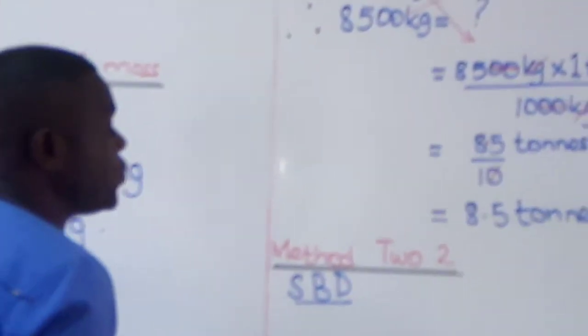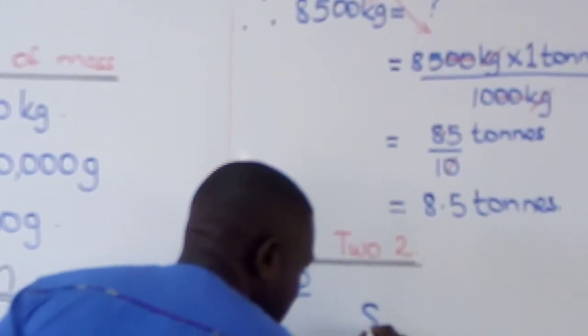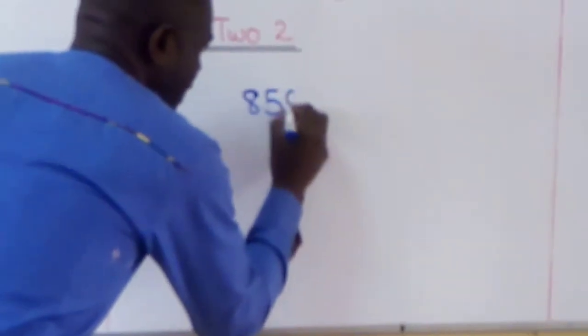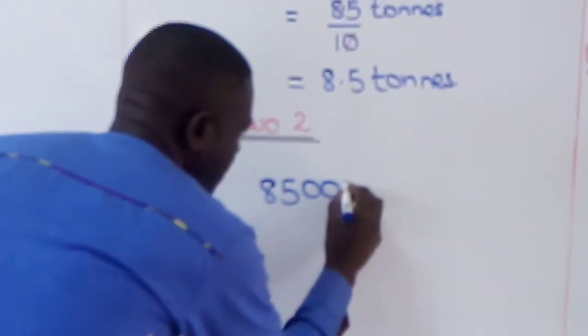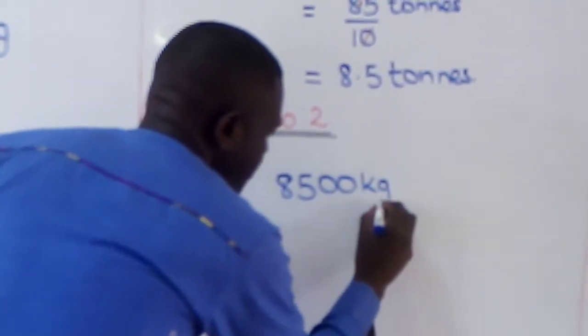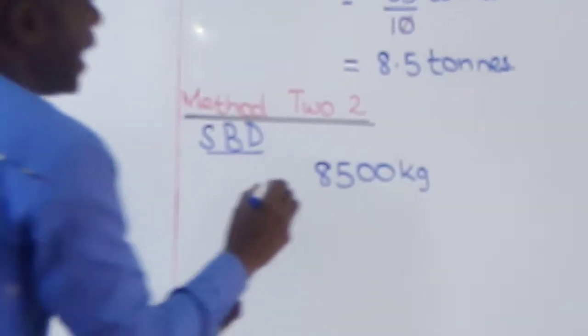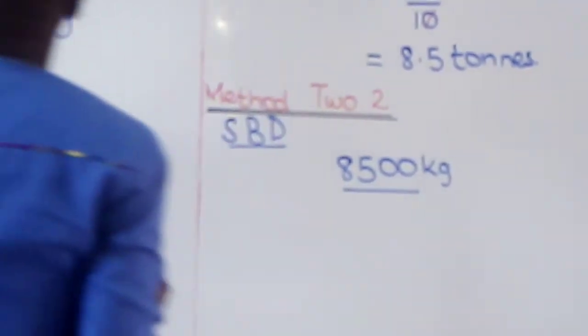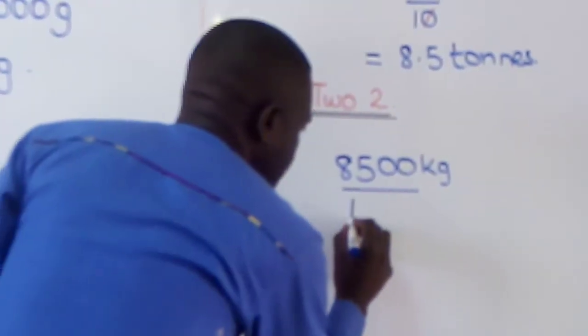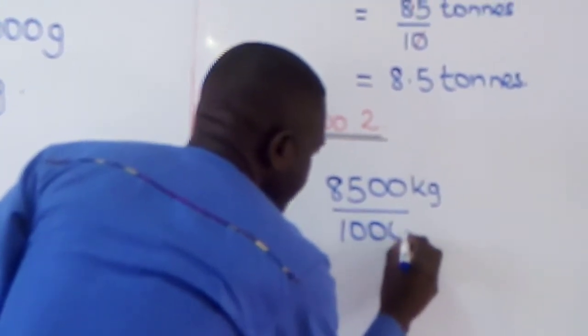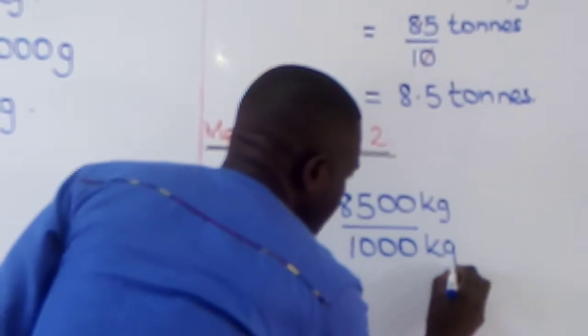So we are going to divide 8,500 kilograms by 1,000 kilograms.